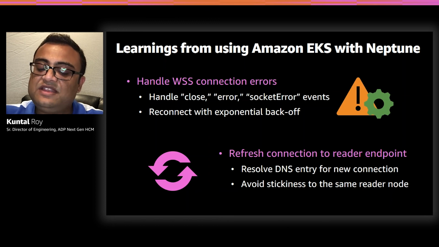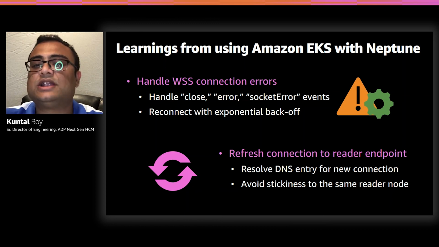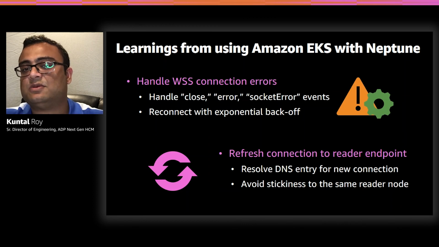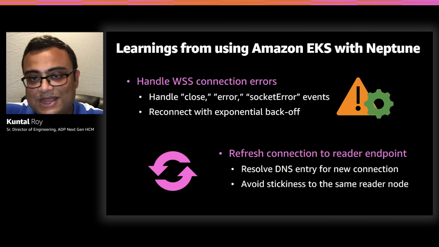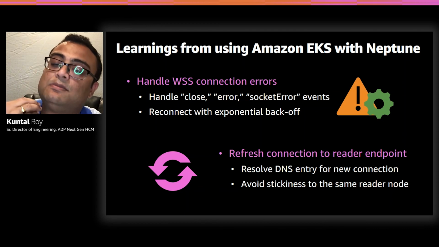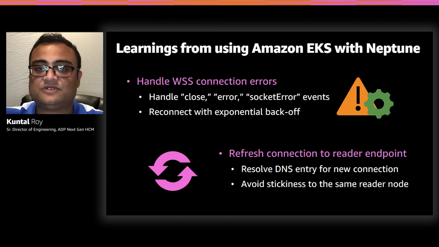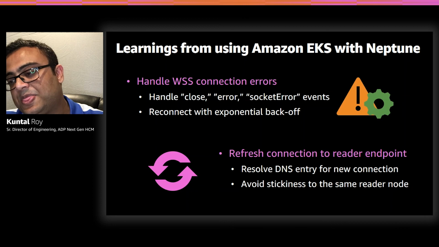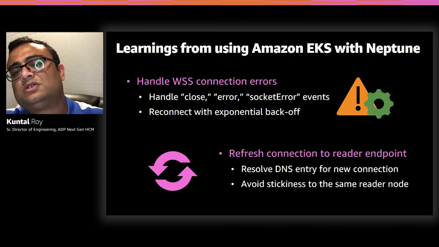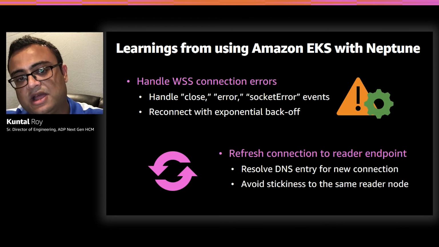So it's very important that we handle the close error and the socket error events when an error is thrown. And not only that, it's important to reconnect, but reconnect with an exponential backoff, so that you do not overload Neptune and do not get into a situation where multiple services try to reconnect at the same time.